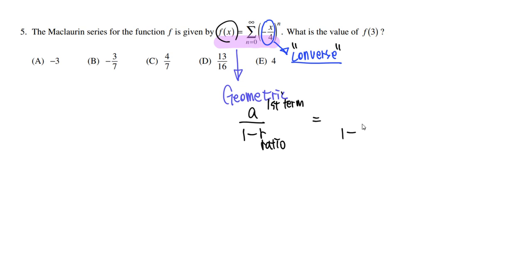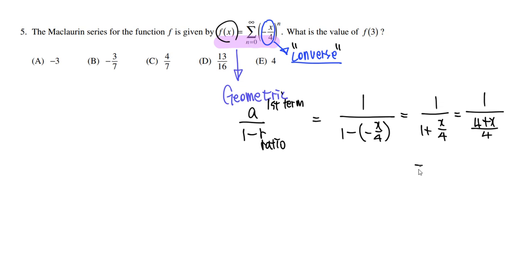So I will plug in my ratio here, and the first term is going to be 1, so 1 over 1 plus x over 4, which is 4 over 4 plus x. That's going to be the answer for this question.